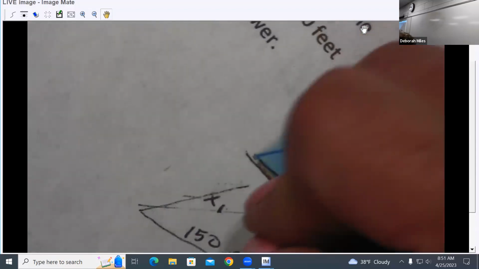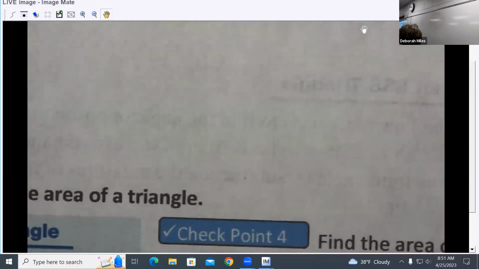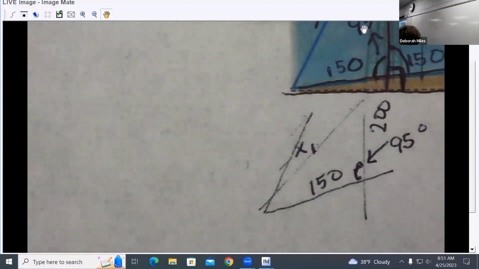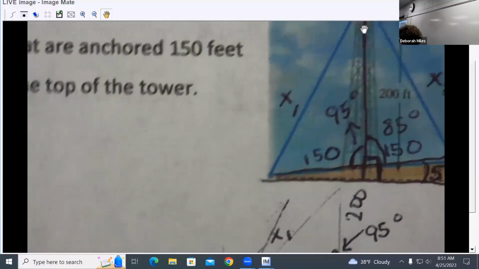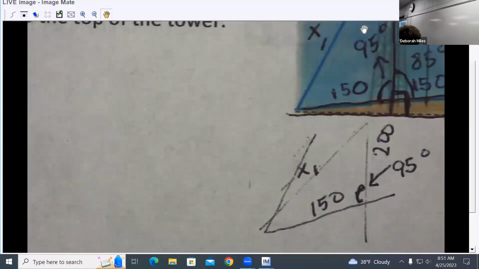This is 150, this is X1, and this is 95 degrees, and it was the other side that I wasn't seeing for a second. The height of the tower is 200. Oops, there we go. That's one of my two little triangles formed by the left guy wire.